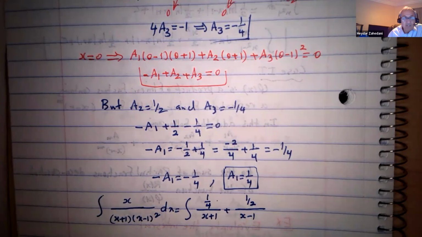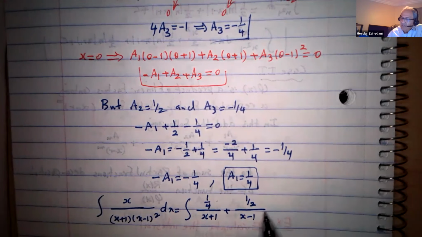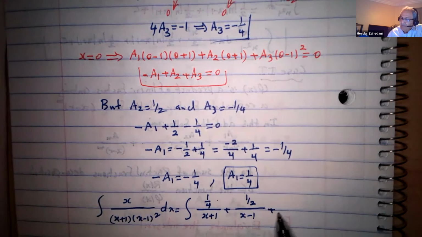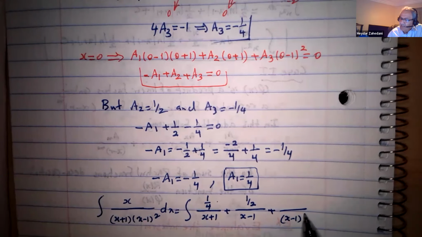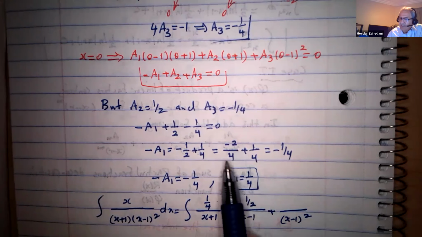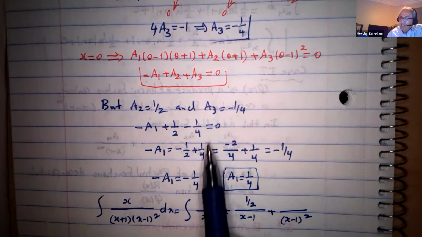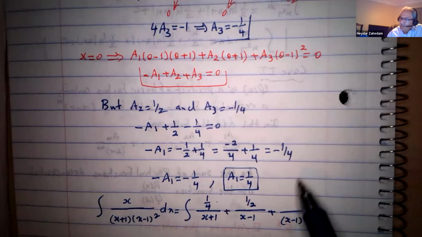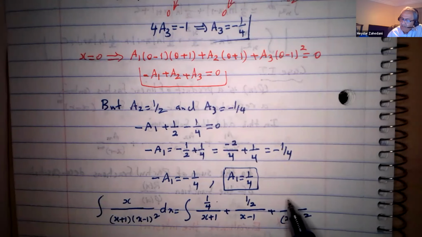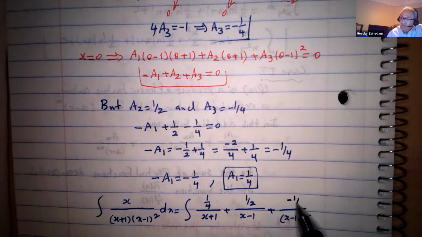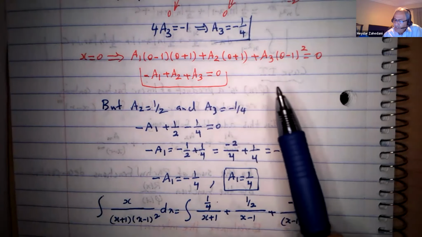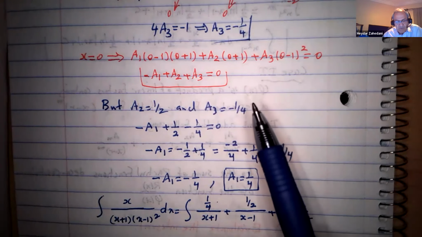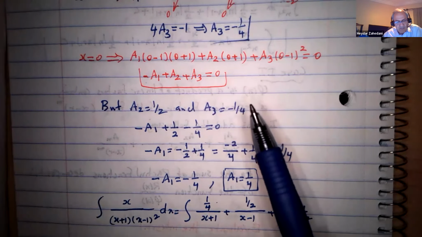Plus the repeated one, a3 over x minus 1 squared. And the a3 is a negative quarter. So that gives you a negative quarter over here. Let's make sure I didn't miss anything over these numbers.